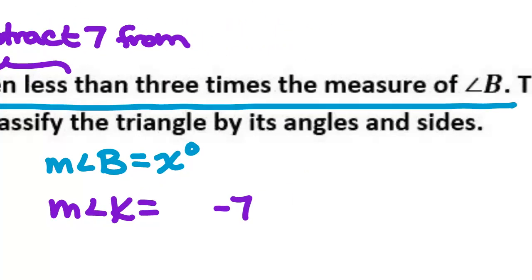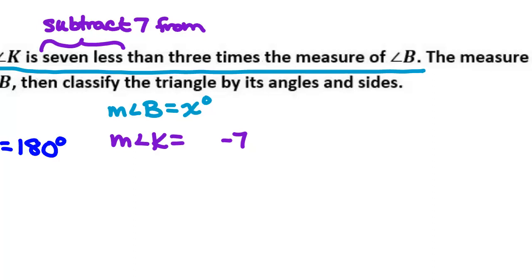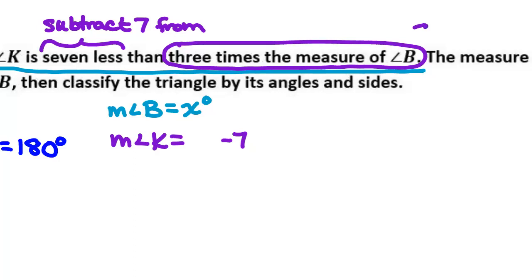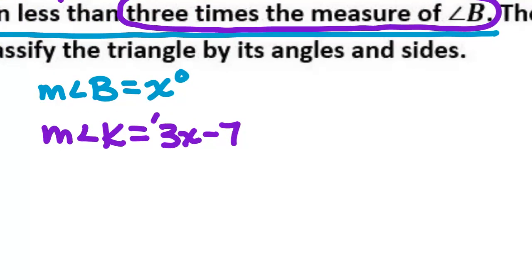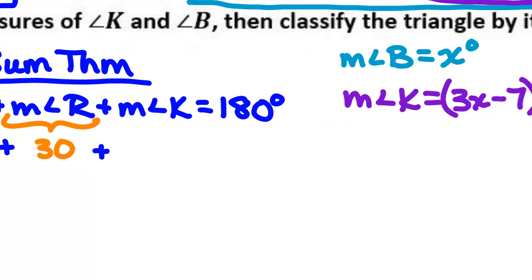Subtract 7 from what? What does it say next? 3 times the measure of angle B, and we're letting X mean the measure of angle B. So I'm going to subtract 7 from 3X. So that's what I'm going to put in the place of the K over here. 3X minus 7.